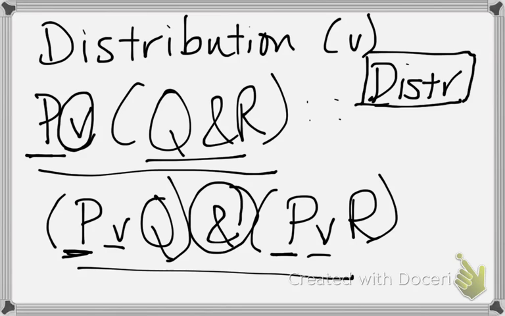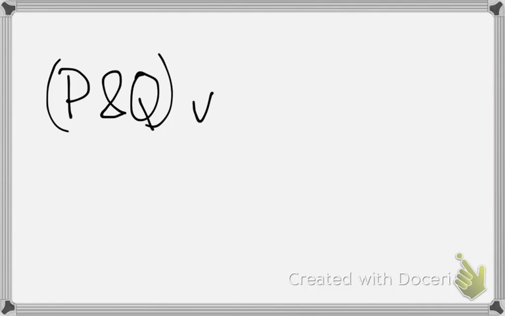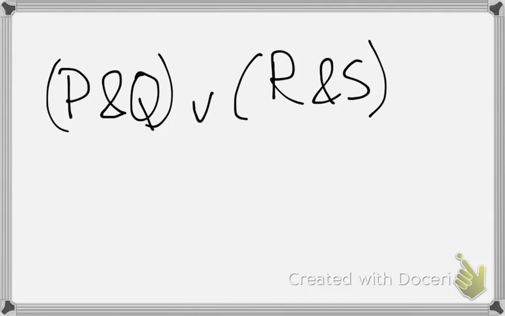Let me show you an example that's a little weird, but works. Let's use other letters entirely. Okay, R and S. Now this might not look like a candidate for distribution, but in fact it is.